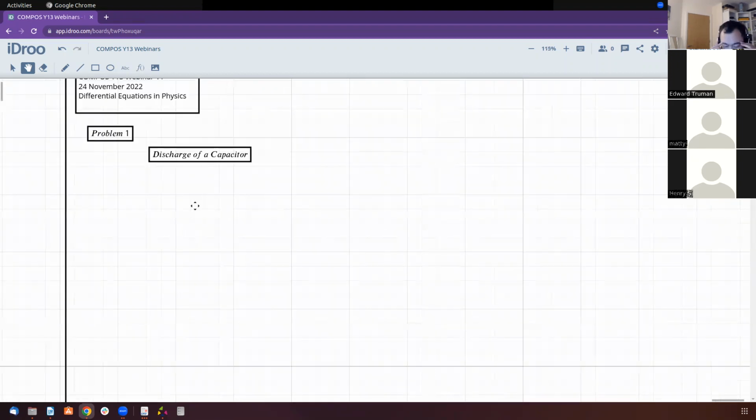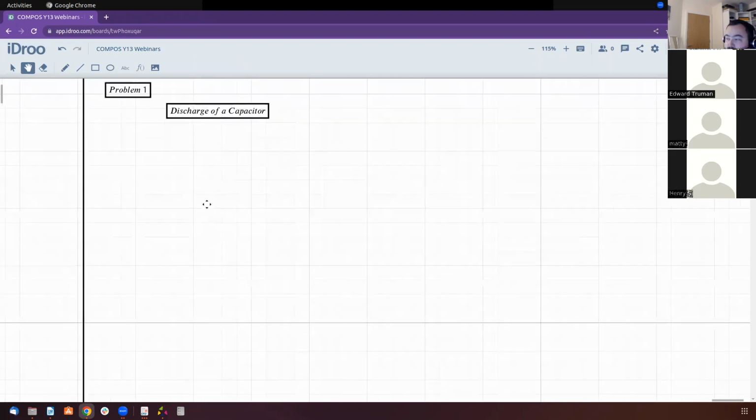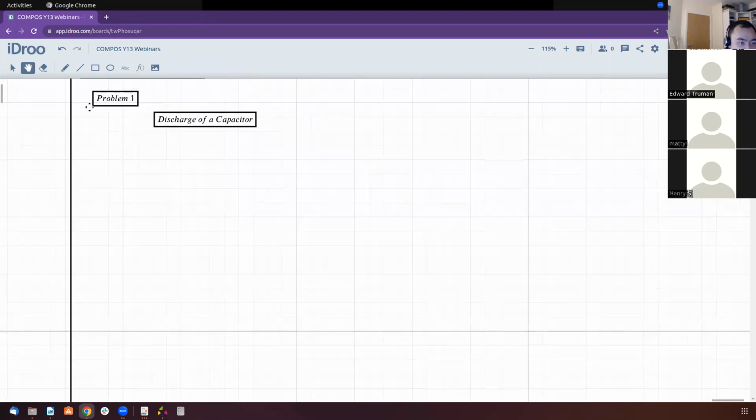The first thing I wanted to look at was initially in the problem sheet, but we've decided to take that away. Nevertheless, I want to go through this because it will pop up in one of the next assignments: the discharge of a capacitor. You might have already done capacitors at school.